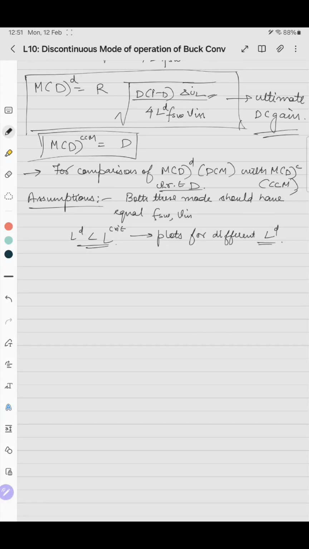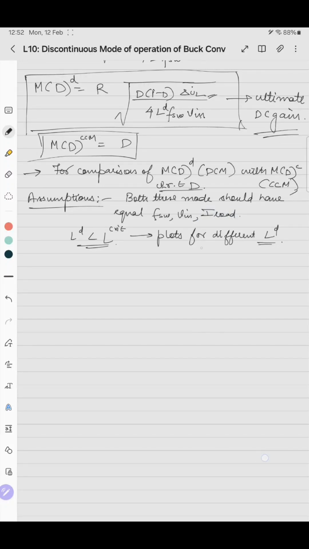You can't keep the inductance the same for both DCM and CCM when comparing, because if you put LD less than L critical, even the continuous conduction mode can result in discontinuous conduction mode. Then you have to increase the load for it to operate in continuous conduction mode. But then again, we are comparing with the same power level, and here I have to write I load.